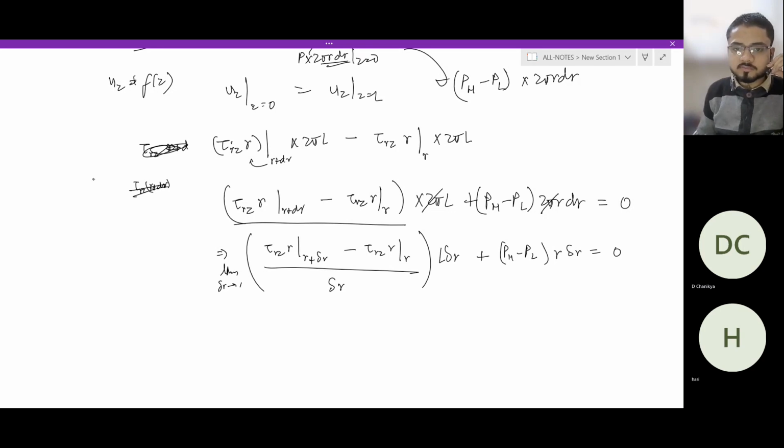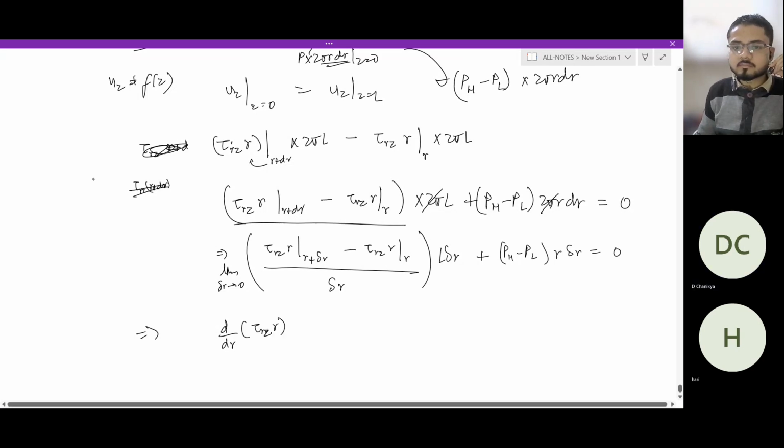So this thing becomes d by dr of tau RZ R at R plus (pH minus PL) over L times R equals 0.